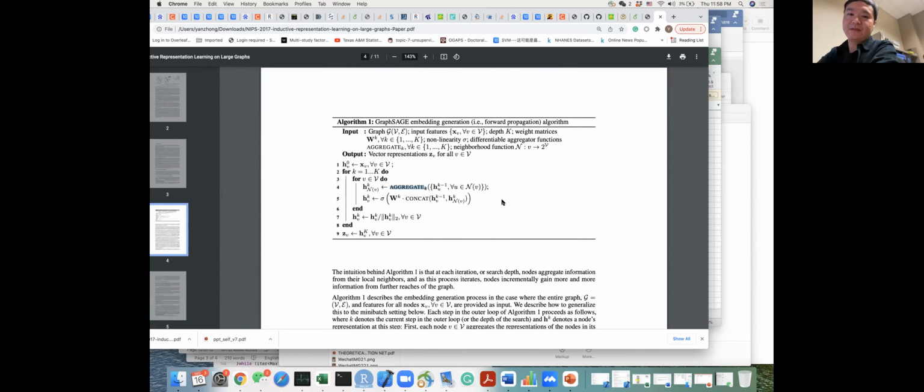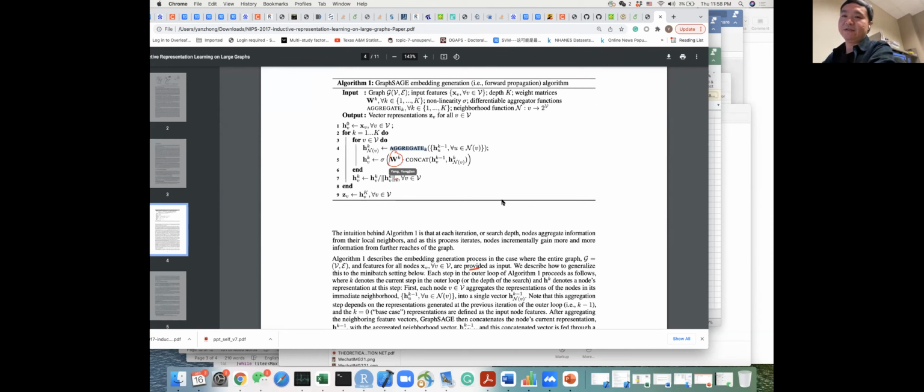Because here you just have one W, right? If you just consider depth equal to 1, step 1 neighbors, and then you sample. No, this is not step 1 neighbors. This aggregate already aggregates both the step 1 and the step 2 neighbors. Oh, okay, got it.